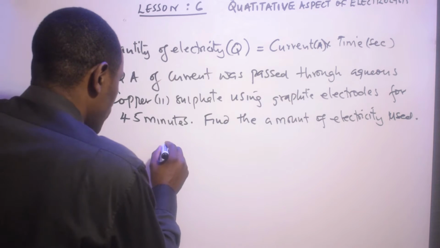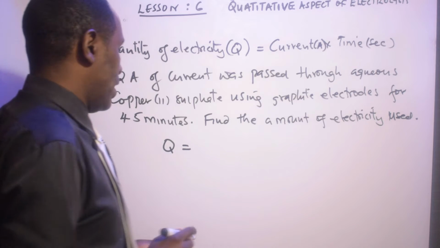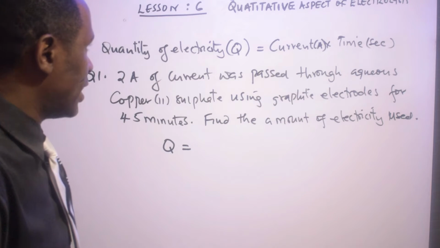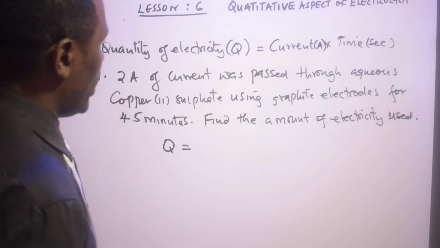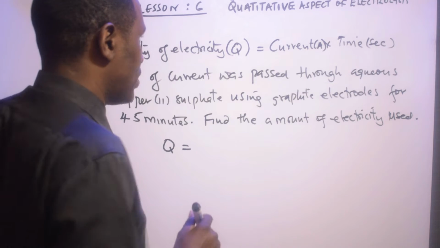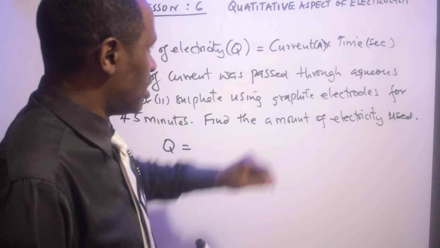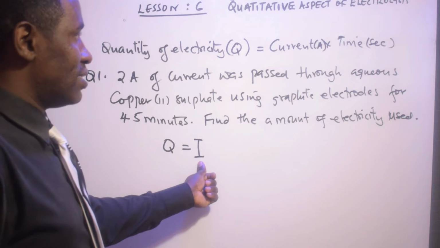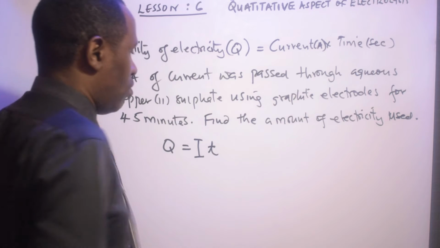Now, as I just mentioned, the amount of electricity, which we are going to call Q, will be given by current times time. The symbol for current will be I, and of course I'm going to use t for time.